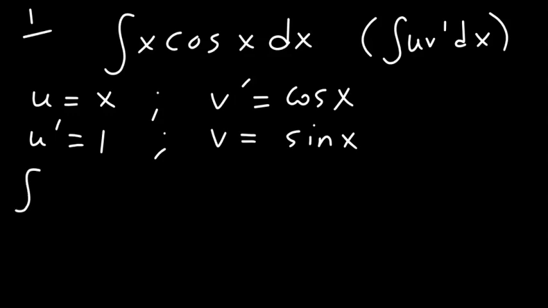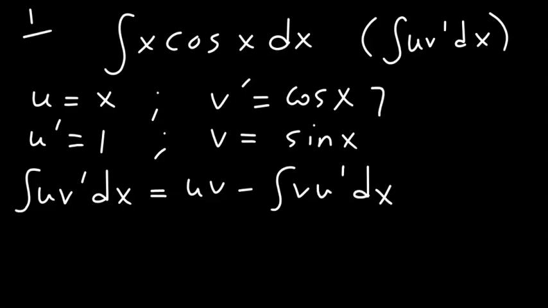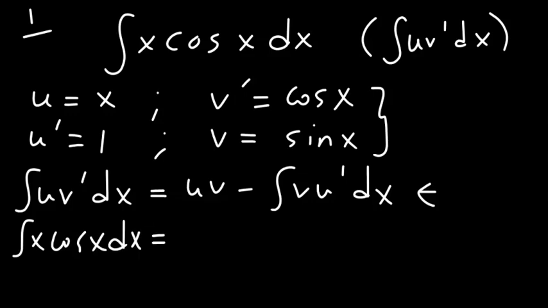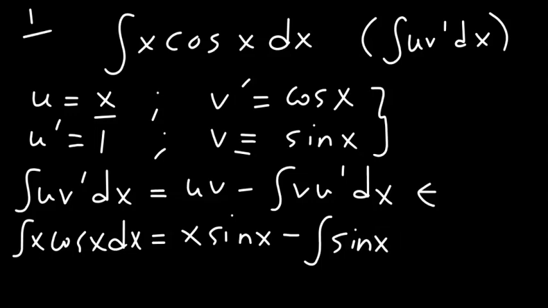Recalling the integration by parts equation, which is the following. Let's substitute this information in this line. The left hand side is what you want to evaluate, the integral of x cosine x dx. The first term on the right hand side is the product of u and v, so that is just x sine x, minus the integral of v times u prime. v is sine x and u prime is just 1.